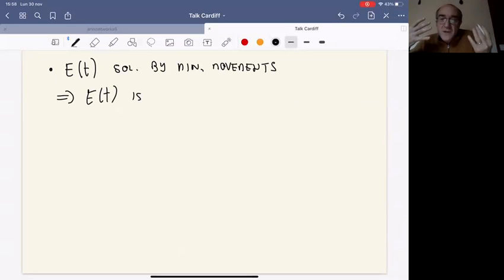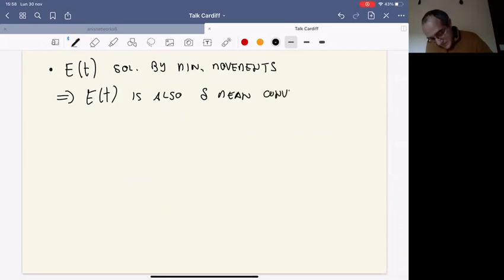But now essentially we have uniqueness here, because for almost every time there is only one solution. So the solution here is also delta mean convex. Okay, that's almost immediate.